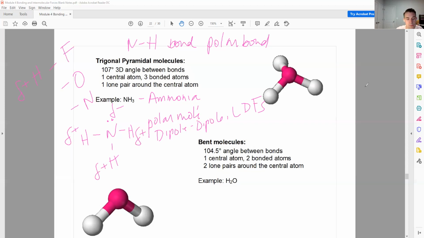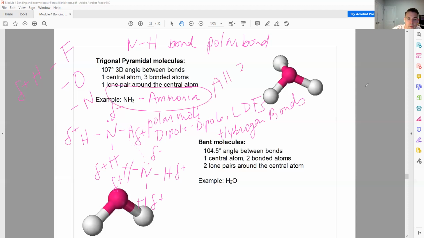So if I had another ammonia molecule, I could have a partially negative nitrogen be attracted to a partially positive hydrogen of another molecule, and so it will also have hydrogen bonds. So ammonia will have all 3.